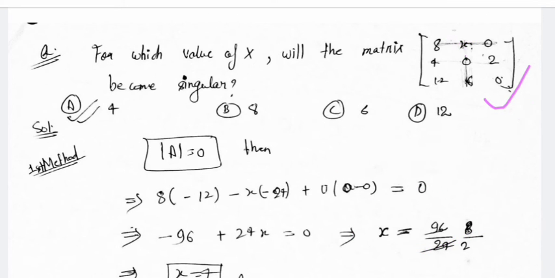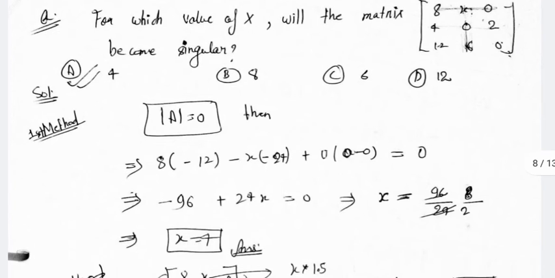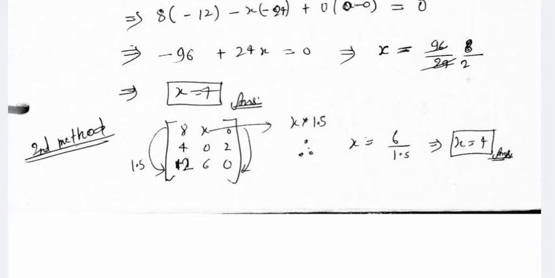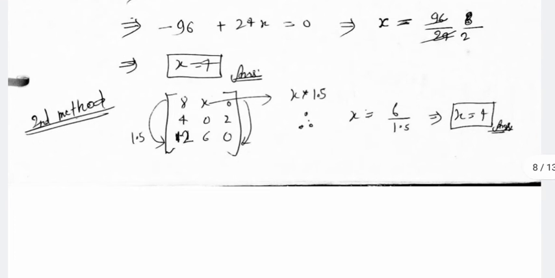Now we get another method. That other method is very simple. Firstly we analyze the matrix. What type of matrix is that? It is singular. A singular matrix has the property that its determinant is 0. So when the determinant is 0, in this case two rows must be the same, meaning here the first row and the second row show a similarity.